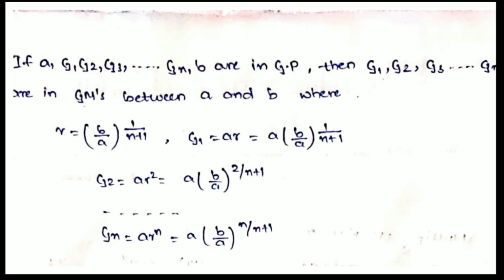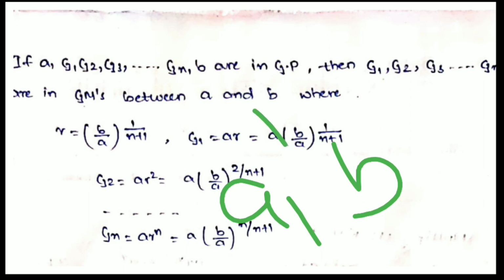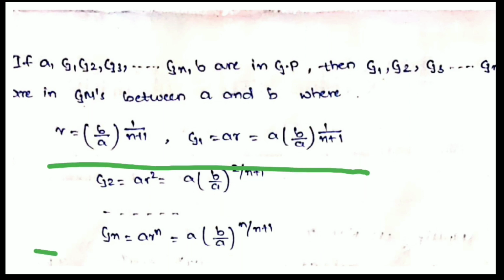If A, G1, G2, G3, and so on, Gn, B are in GP, then G1, G2, G3, and so on, Gn are GMs between A comma B. If A and B are two numbers we have, in the middle we are inserting n GMs. Now let's check how we get these values. Before checking, let me tell you one point.